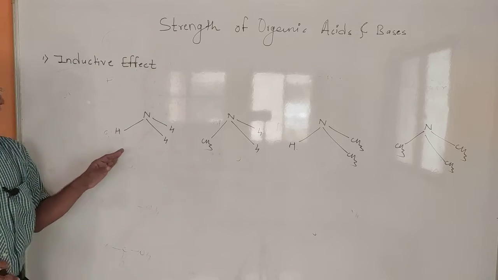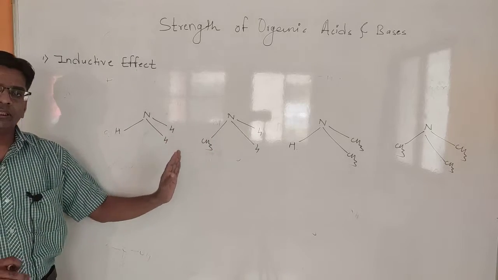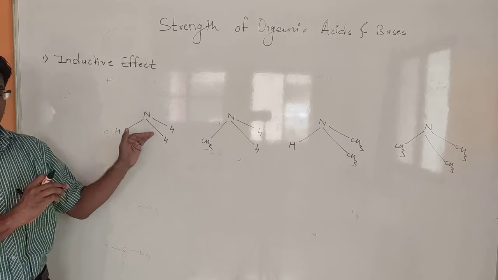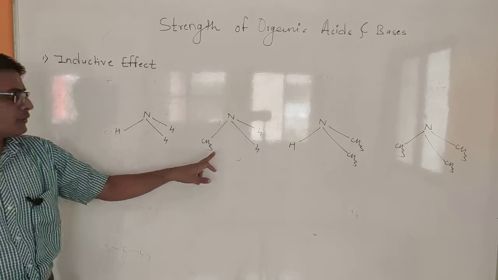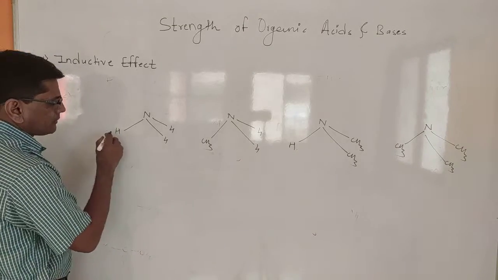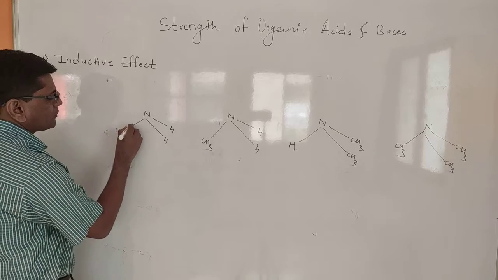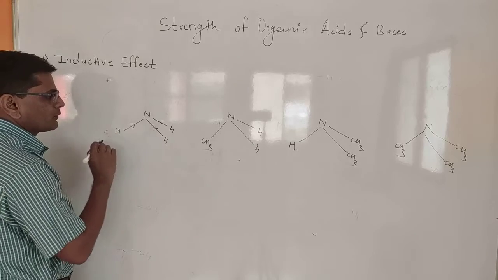Now here all these molecules have an inductive effect, but the inductive effect present in each molecule is different due to the presence of the functional group attached to the nitrogen. In ammonia, all the atoms are hydrogen, and all the hydrogen atoms donate their electron to the nitrogen.